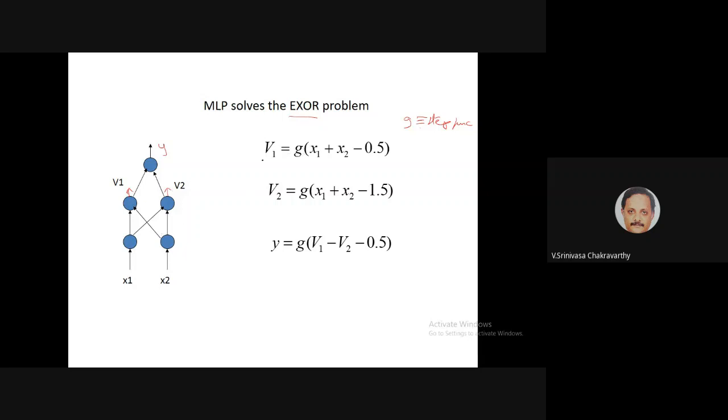Imagine I have all these weights here. So this is W11, this is W22, and this is W12, and this is W21. I'm not showing them because the picture gets cluttered.